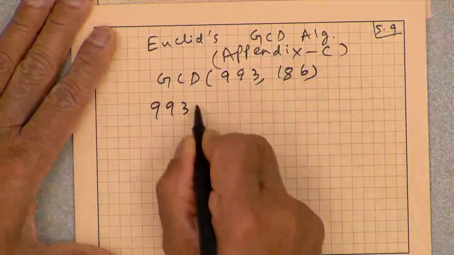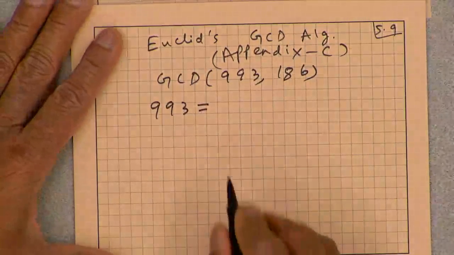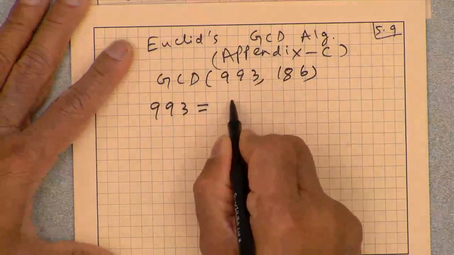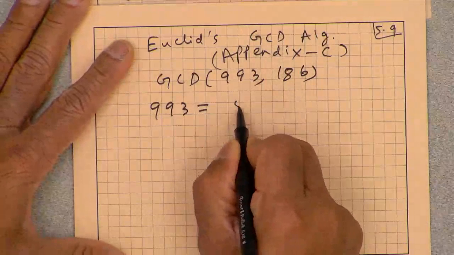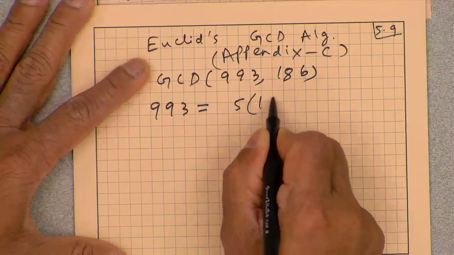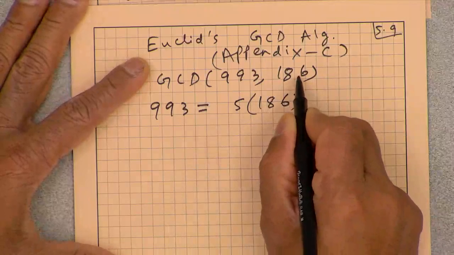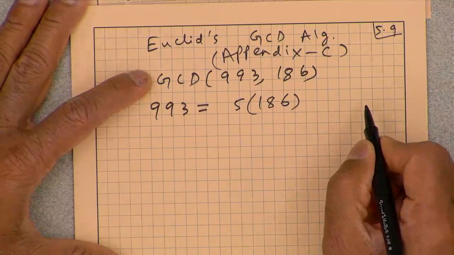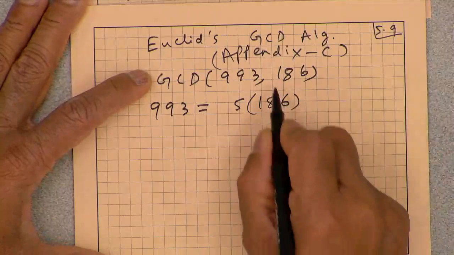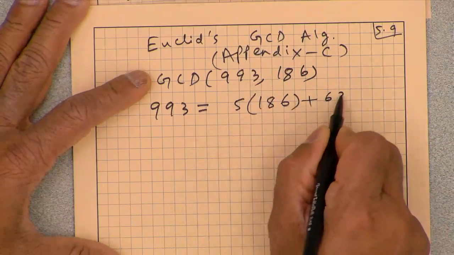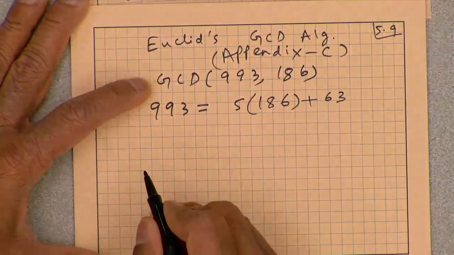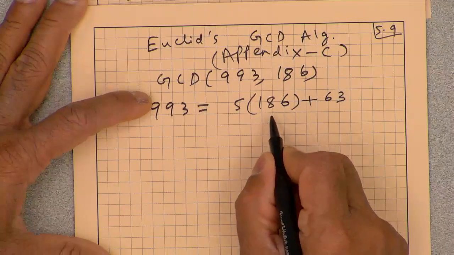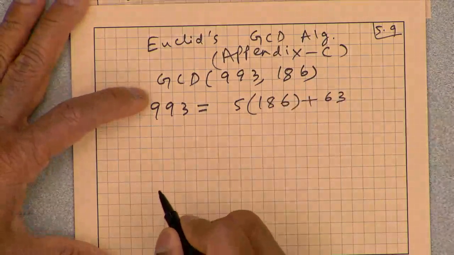Divide 993 by 186 and find the remainder. 993 is equal to 5 times 186. 180 times 5 is 900, 5 times 6 is 30. So the remainder is 63. We are done with step 1.